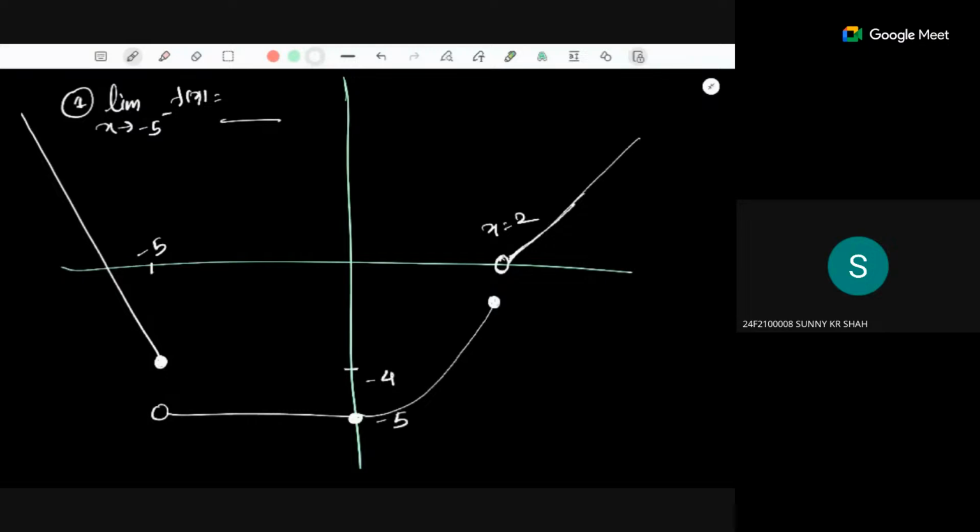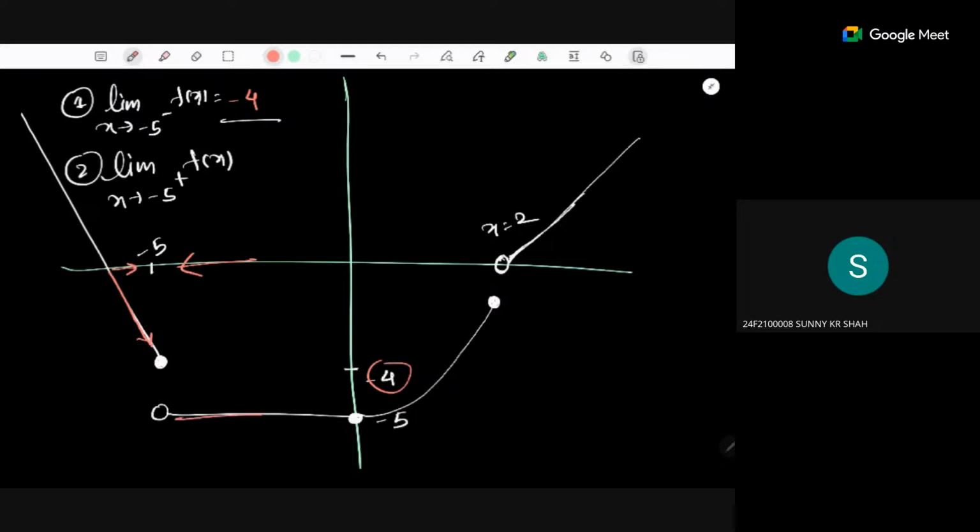Okay, so here, when we approach the point x is equals to -5 from the left hand side, the graph of the function approaches the value -4. So the left hand limit of the function at -5 is -4. If you compute the right hand limit, x going to -5 plus of f of x, we are approaching the point x is equals to -5 from the right hand side.